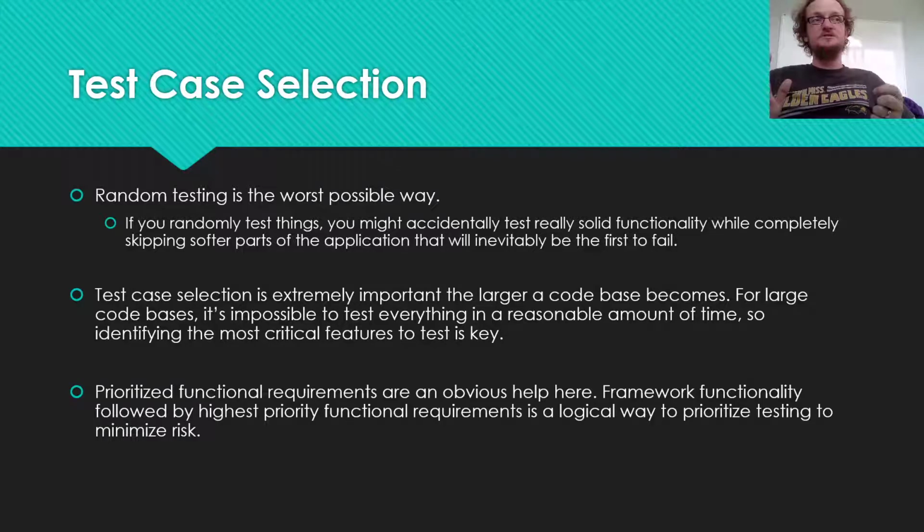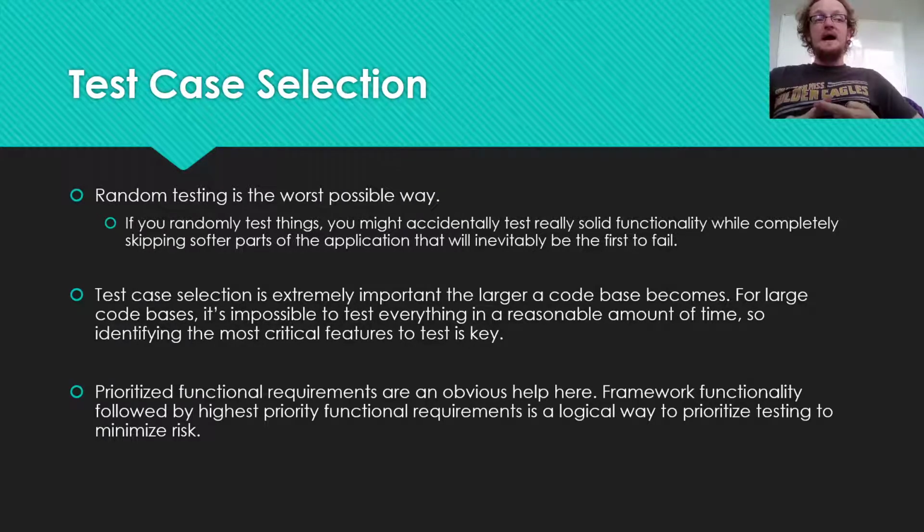You need to select those such that the most critical and the most likely to be faulty things are actually tested, and the most solid pieces of code and functionality are left to their own devices.